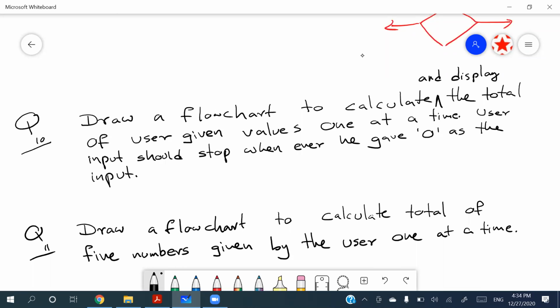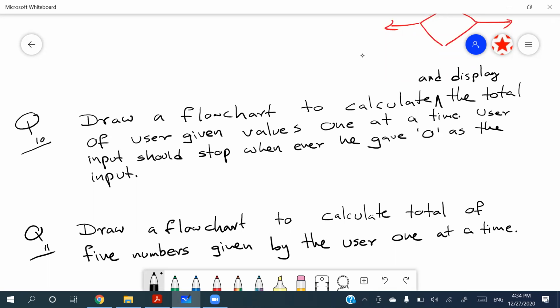Onetra, there's a problem though. I'm telling you to take user inputs one at a time. I'll explain the 10th question, right?